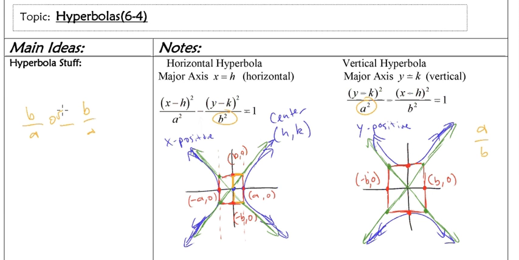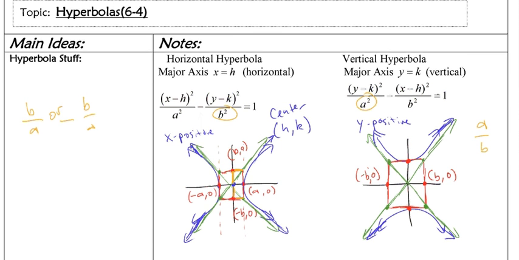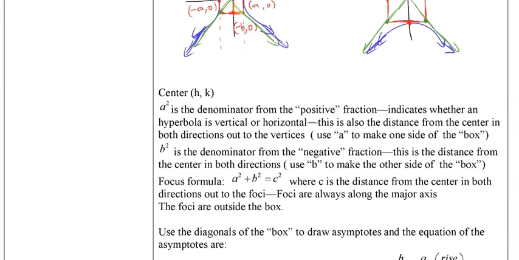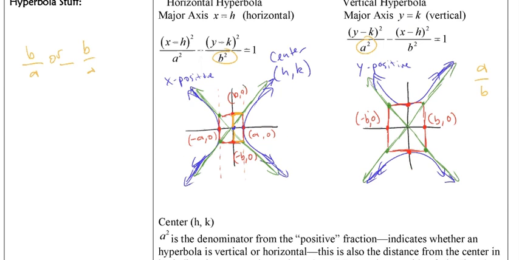We'll keep on looking at these a little bit more as we go along, but there's a fundamental idea of what's going on here. Some key things I want to say again before we go: the positive fraction, the one that's starting it, determines whether it's opening horizontally or vertically, so keep that in mind.